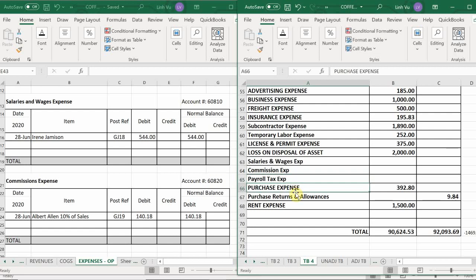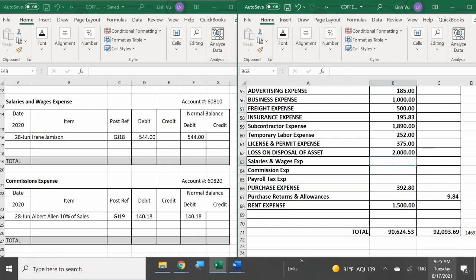So let's go ahead and list each one. Salaries and wages expense is for a total of $544.